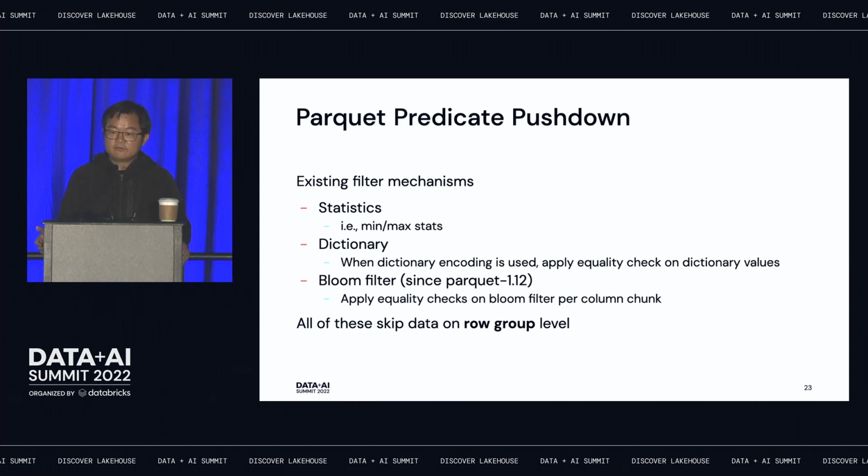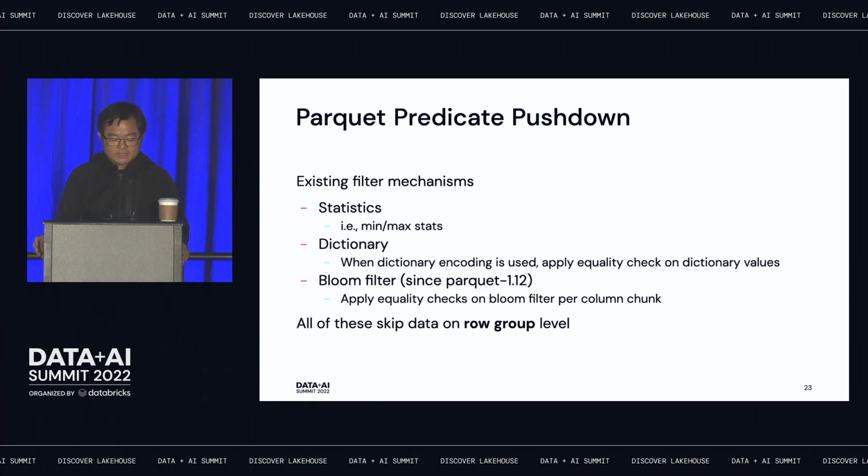The second filter mechanism is called a dictionary. This is very useful when the column chunk is encoded using dictionary encoding, that is, when you only have a small number of unique values for the column chunk, right? In that case, there is a single dictionary page associated with each column chunk.